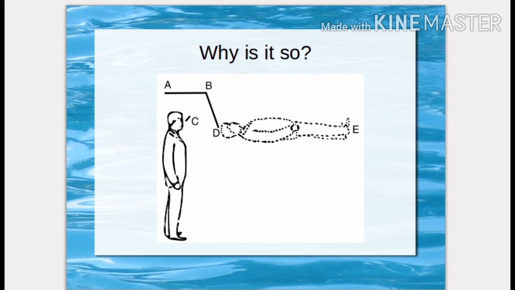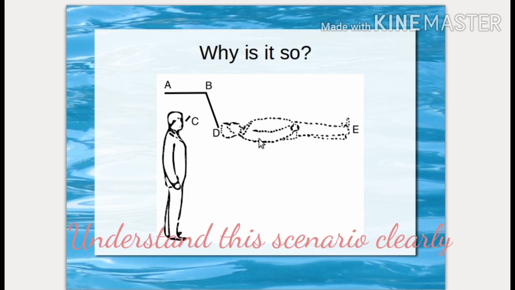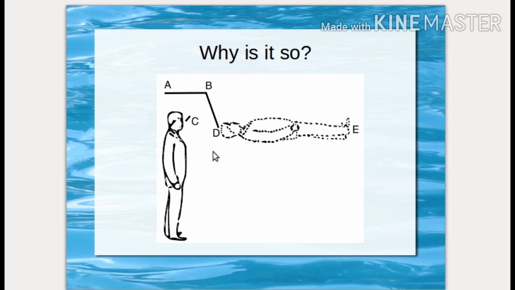So let me make you more clear about this. For this, we have considered a man who is standing here and the same man is lying down. So when we measure the height of this man while he is standing, we have some number, and when the man is lying down, we again have a number.